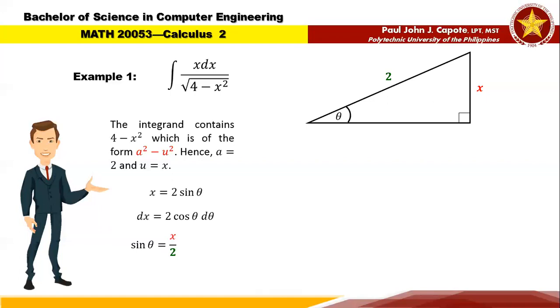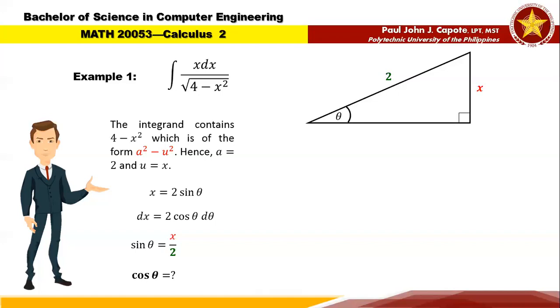Sine theta is the ratio of the measure of the opposite over hypotenuse. Now, given this information, we will try to find the equivalent expression for cosine theta, since our dx contains the trigonometric function cosine theta.